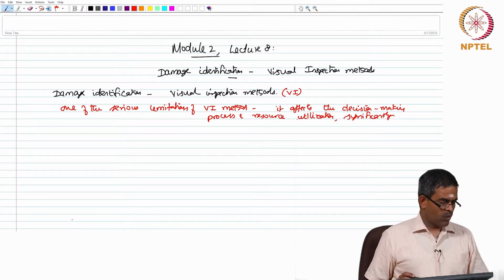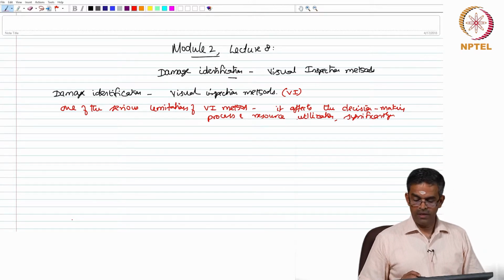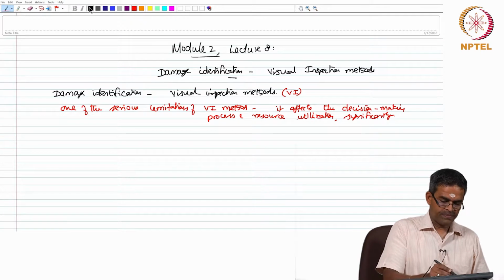Let us see on what background we can compare the visual inspection method and try to understand the pros and cons of this method as applicable to damage identification.